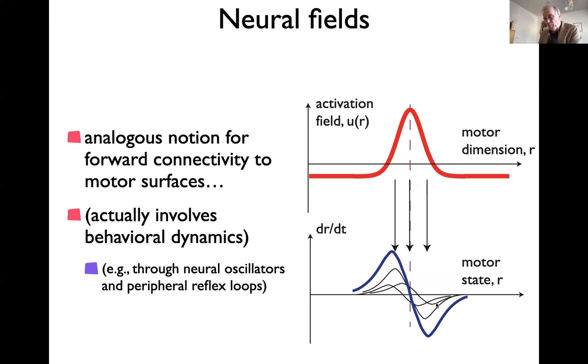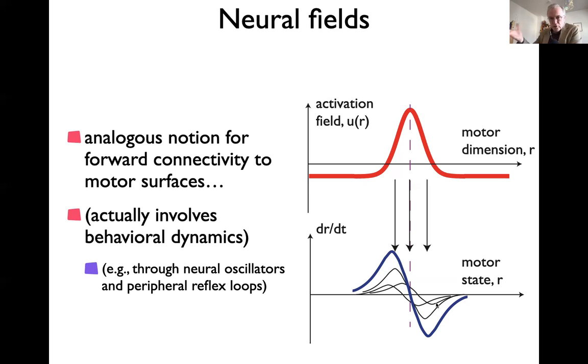And in reality, it's a bit more complex. It's not always just a fixed point. It could be like a moving state, could be like a limit cycle attractor and things like that. And there is actually neural substrate for doing that very minimally. The peripheral reflexes, like spinal reflexes, that characterize every muscle in the nervous system, they all are controlled by reflex loops that serve like peripheral control loops.